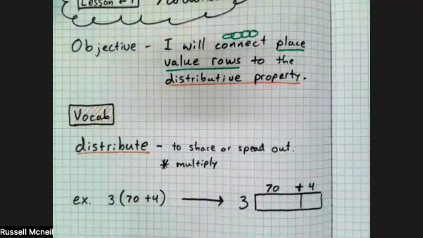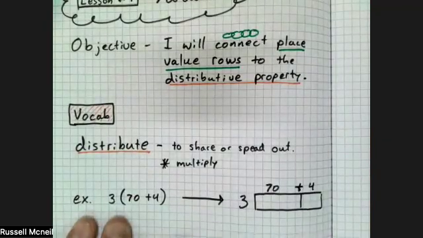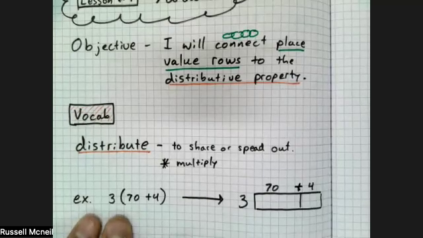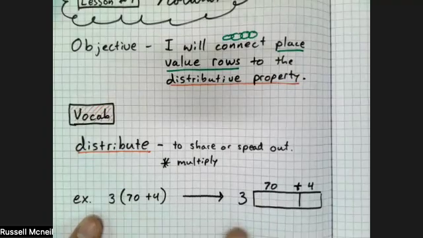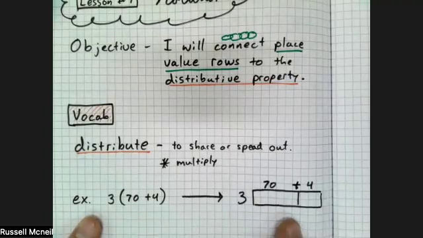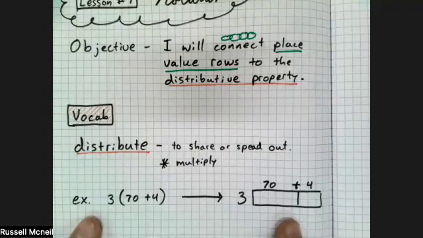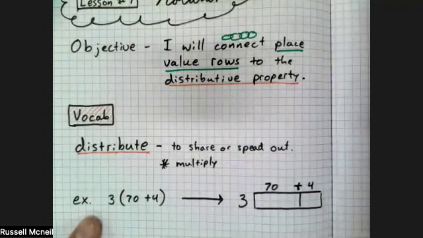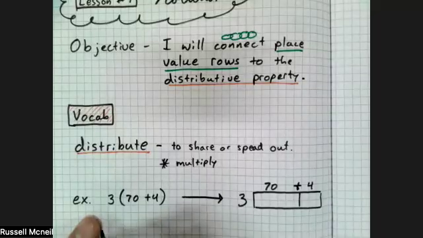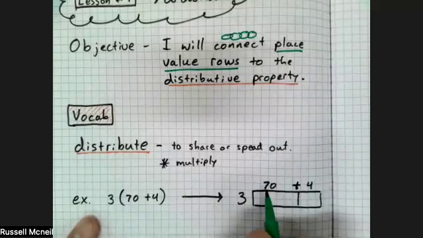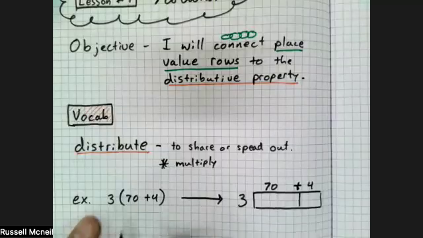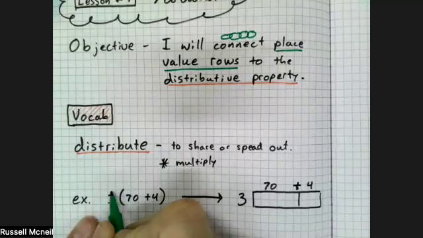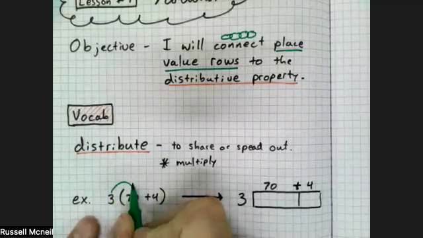So if we look at our first example off to the left, this is algebraic notation using the distributive property. And this is the thing that we have been doing. What was that called? That's right. That was the place value row. So let's go ahead and solve this. Now, here we were multiplying 3 times 70. Here we're doing it as well. We're going to take our 3 and distribute it to the 70.